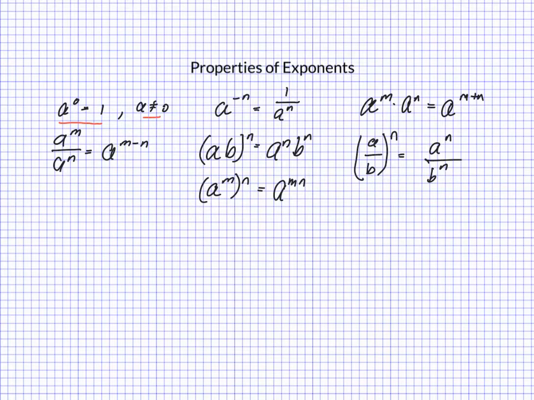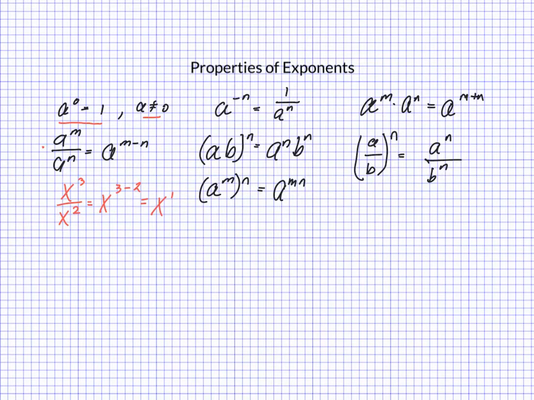And then if we have a to the m over a to the n equals a to the m minus n. If we look at that as an example, let's take x to the third over x to the second equals x to the third minus second, which is x to the first.